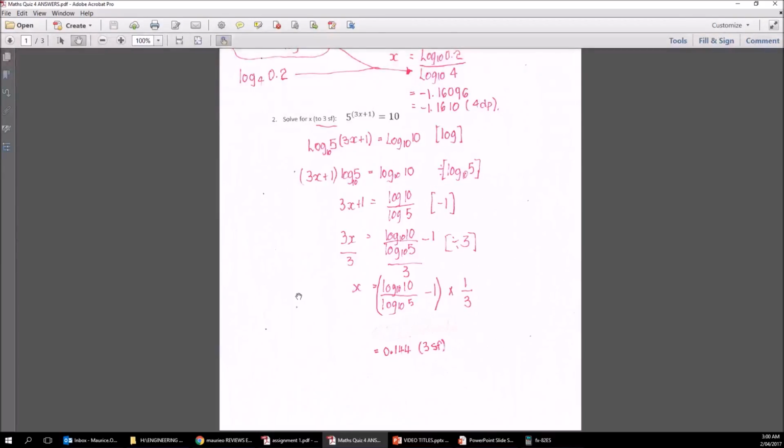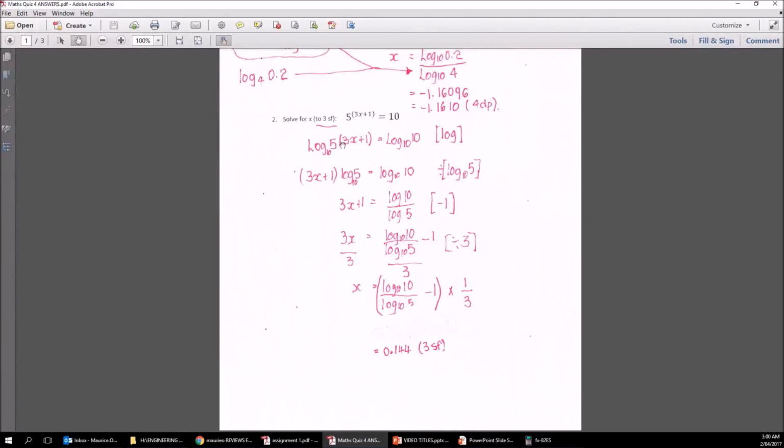So we can take the log of both sides and everything's good. So log to the base 10 of 5 to the 3x plus 1 equals log to the base 10 of 10. So now we can divide through by log to the base 10 of 5. That's what I've said here, divide through.